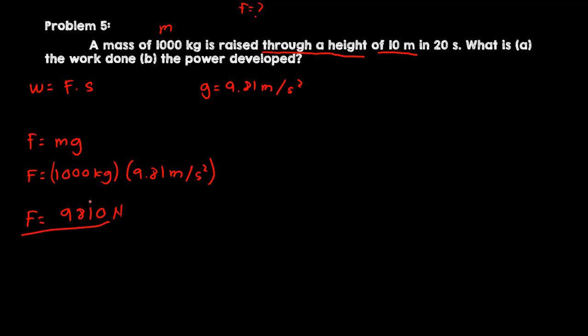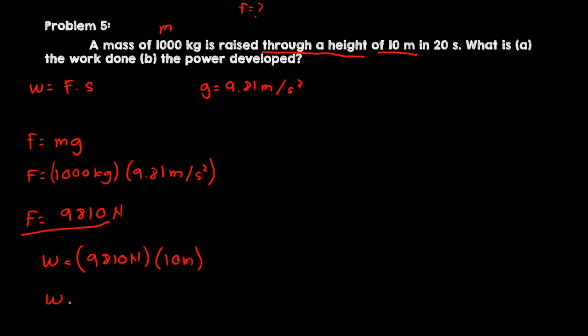But we are not looking for the force. We are looking for the work done. So we have the force. Now we can solve for the work. So W is equal to F, which is 9,810 newtons, multiplied by S, which is 10 meters.